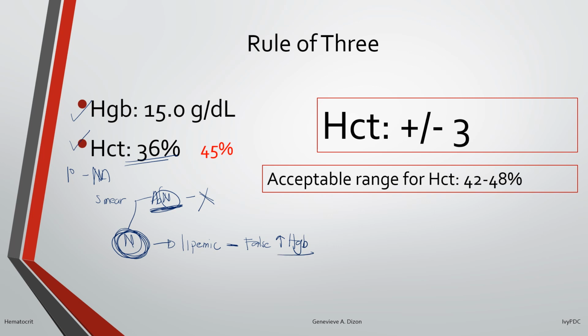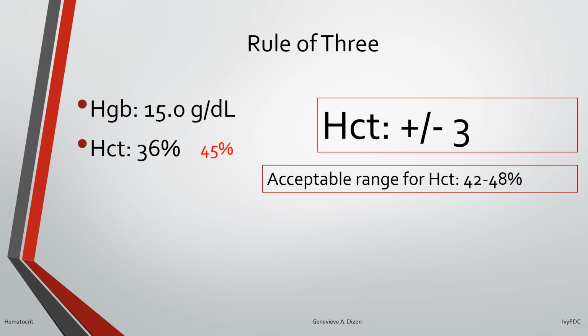So that means our hemoglobin is falsely high. That's why when we computed with the rule of 3, we have a high expected value. So what we have to do now is correct the value of the hemoglobin before we use the rule of 3.